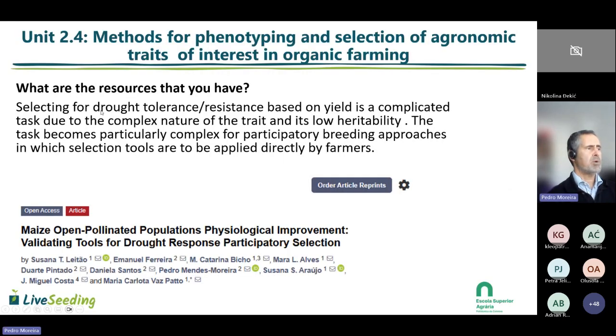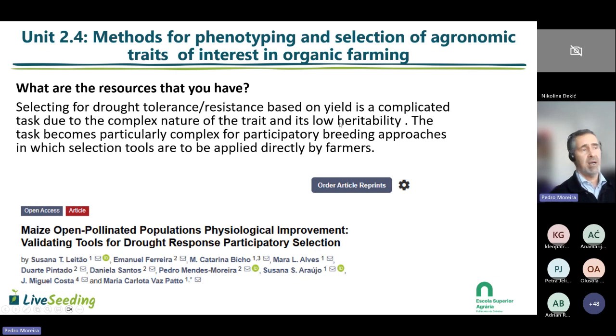So it's important that we know what resources we have. For instance, if we are selecting for drought tolerance, resistance based on yield, sometimes it's complicated due to the complex nature of the traits.